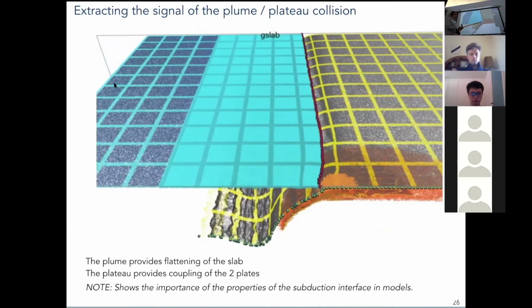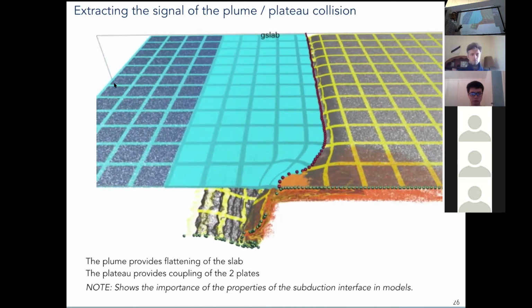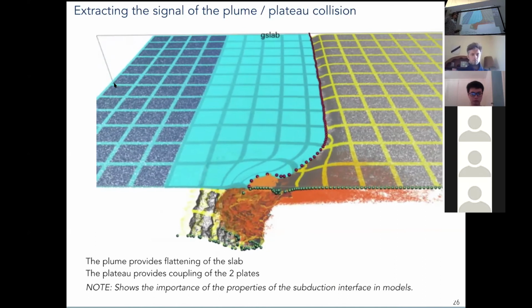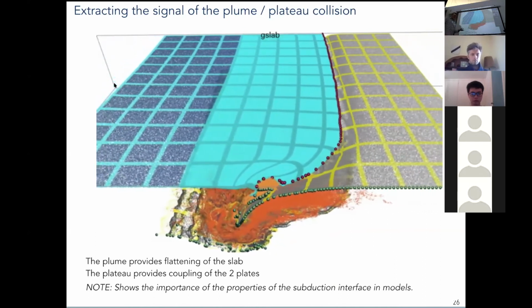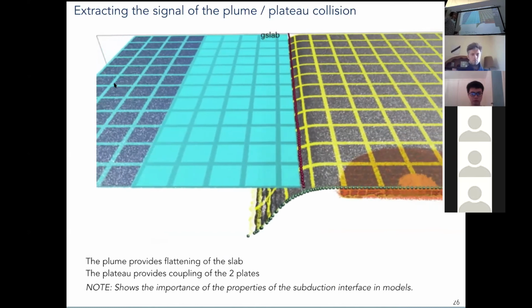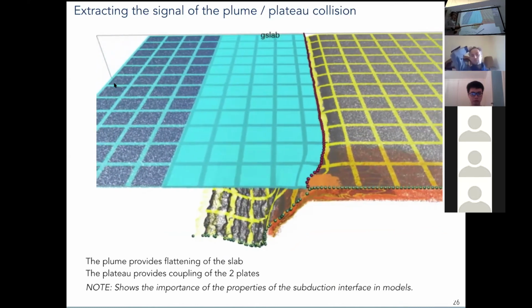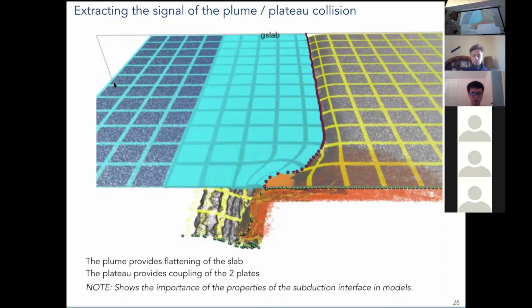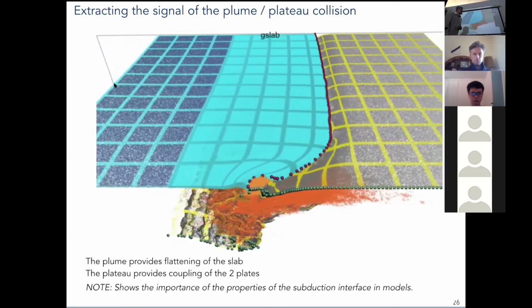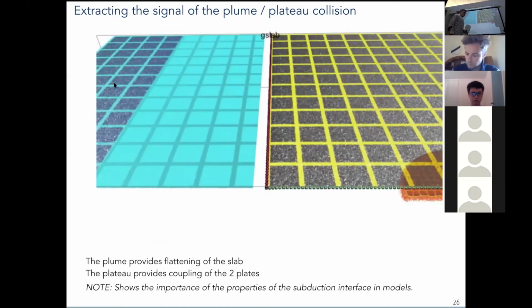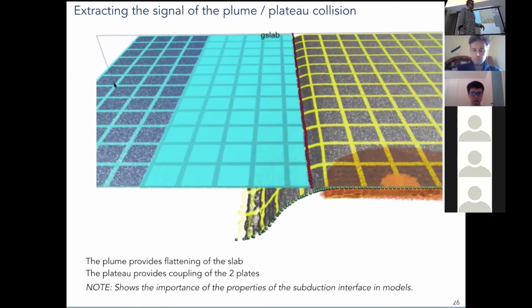The plateau tends to clog up the subduction zone, the actual plate boundary, and so it creates a very effective suture, whereas the purely a plume doesn't really create that suture, so you move into much more of a flat slab mode. Okay. Put the two together and it's quite chaotic, but eventually it does restart.